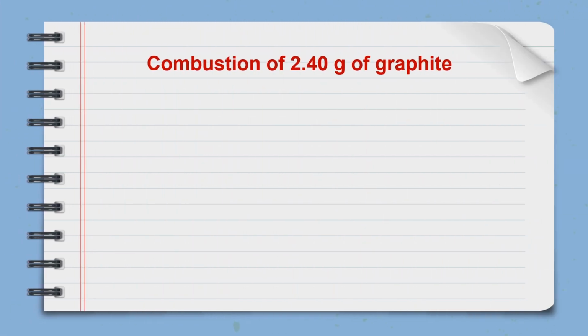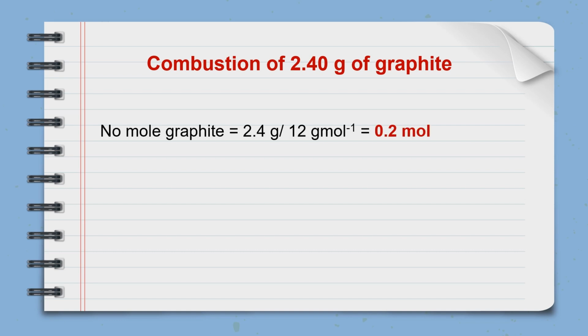Then in the bomb calorimeter, there are 2.4 gram of graphite burned. So 2.4 gram is not equal to 1 mole; it is equal to 0.2 mole.